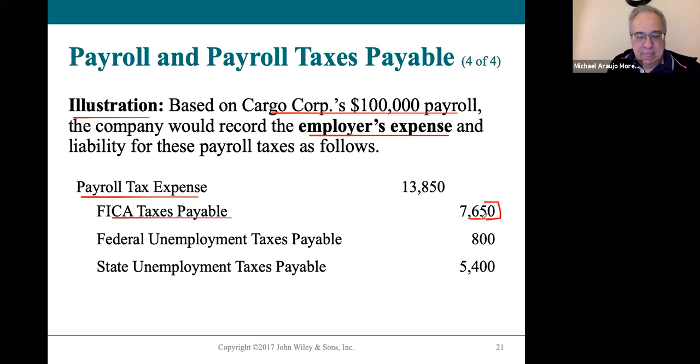And then the amount of money they need to contribute to the respective unemployment taxes. Federal unemployment is small, state unemployment is larger. This unemployment compensation tax is only on the first few $1,000s of every employee's earnings, and then the tax goes away. Okay, they don't have to pay that anymore. But it's there, and it's there for a reason.